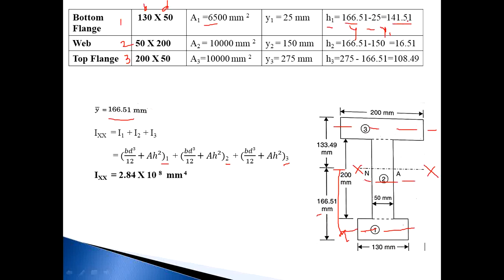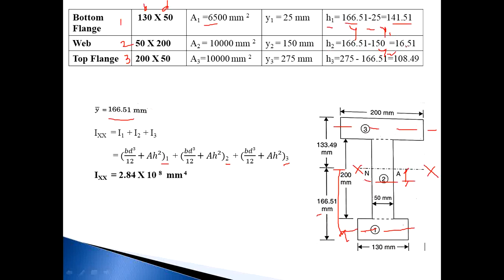We already know the y bar value, 166.51, minus y1, which is 25. So H1 becomes 141.51. Then H2 means the difference between section number 2 and the final x-axis, that is y bar minus y2. Y bar is 166.51 and y2 is 150.